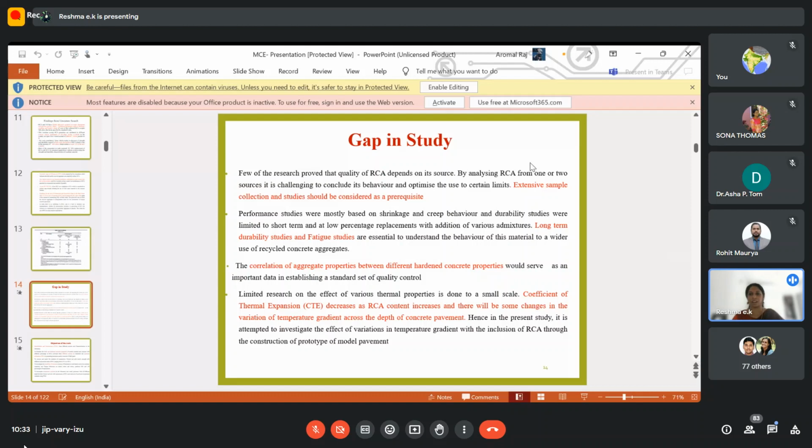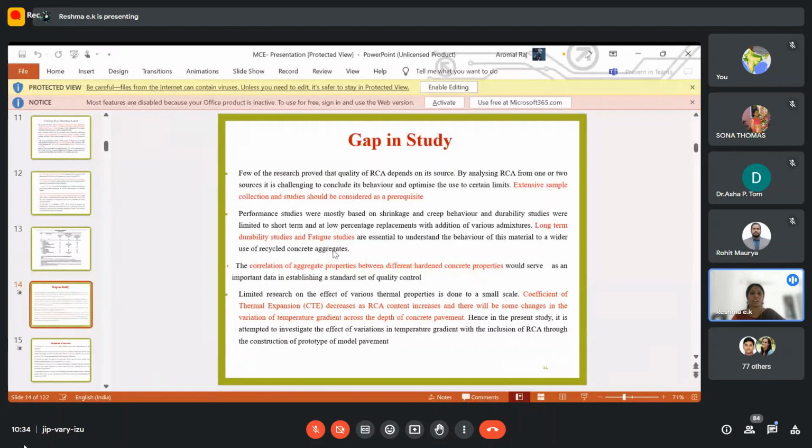Some gaps I identified, so I went ahead with my studies. First, extensive sample collection, because in most of the papers I've seen, they have studied only one or two sources. So I've taken five different recycled concrete aggregates from five different sources in and around Bangalore, with different ages of the concrete.